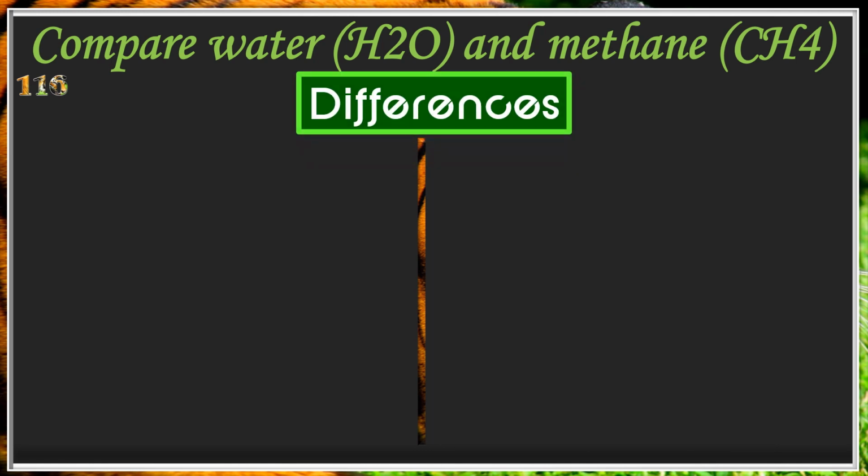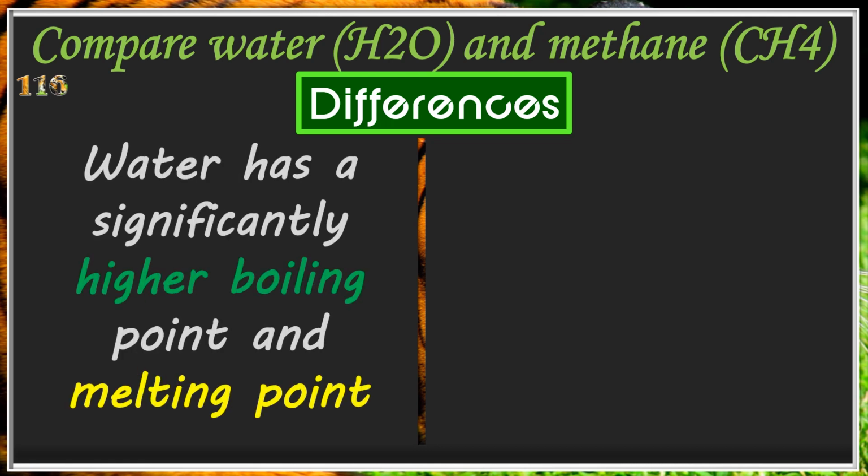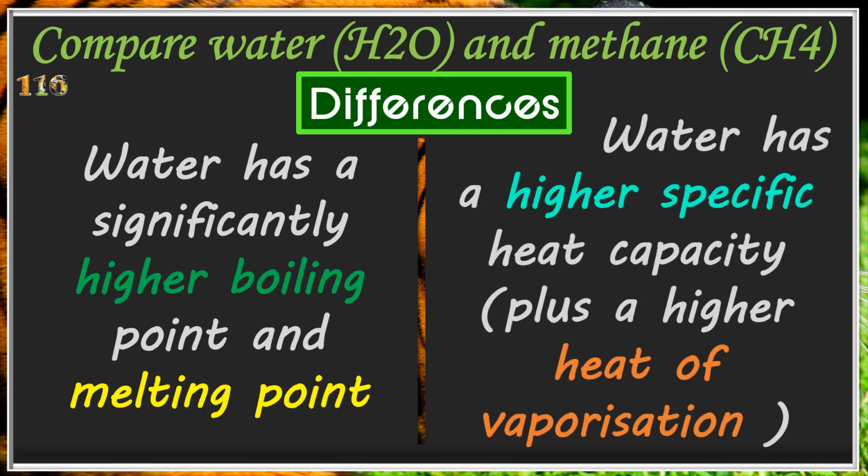Now let's look at the differences. Water has a significantly higher boiling point and melting point. Water has a higher specific heat capacity plus a higher heat of vaporization.